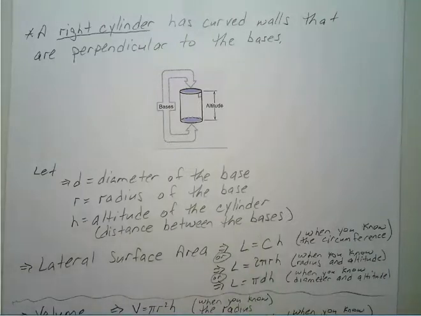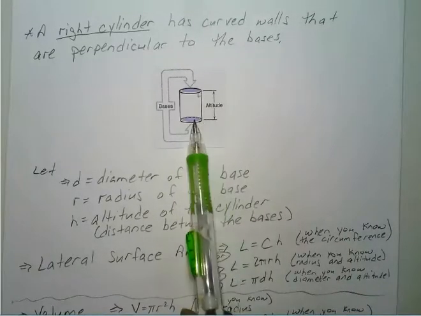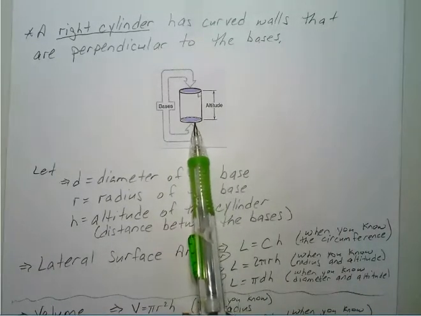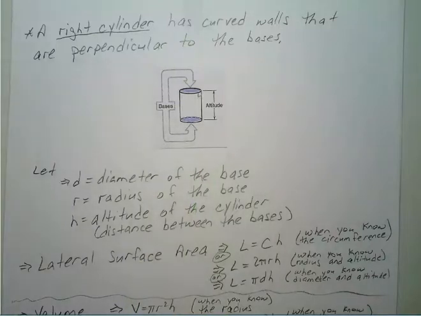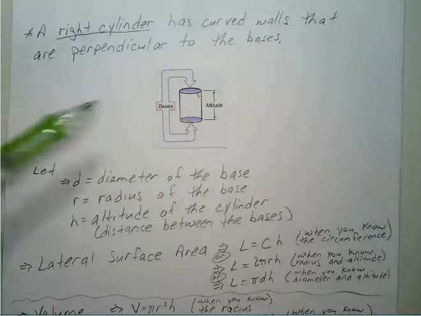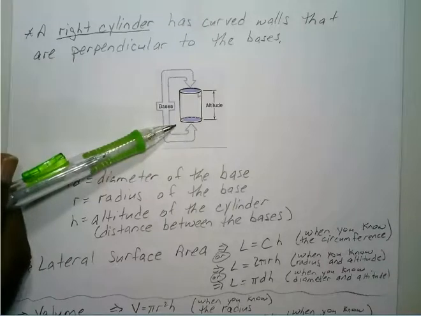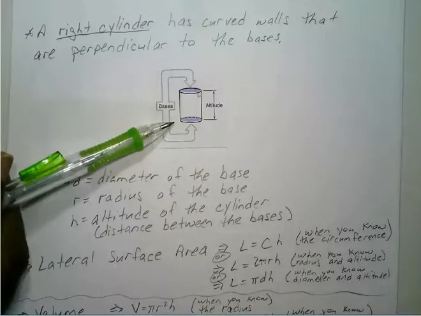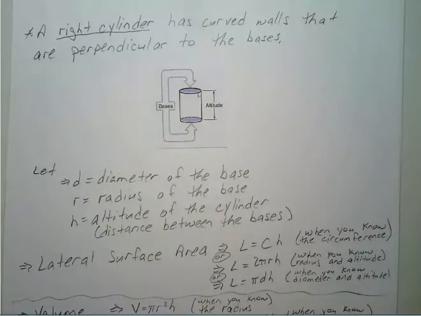And remember, we call it altitude instead of height, because if you turn this cylinder on its side, you don't want to make the mistake of thinking the height is just going up and down. So no matter how you turn this, you still get the same value of H for your altitude, and you don't mistakenly say it's the height when it's sideways.